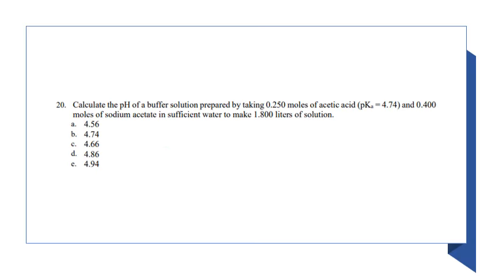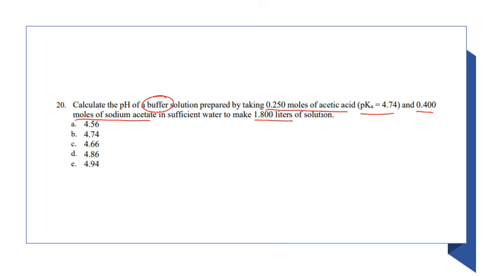Next question is pH calculation of a buffer. What are the things given here? They gave 0.25 moles of acetic acid, the pKa value, and 0.4 moles of sodium acetate. It's already a buffer, and it makes 1.8 liters of solution.